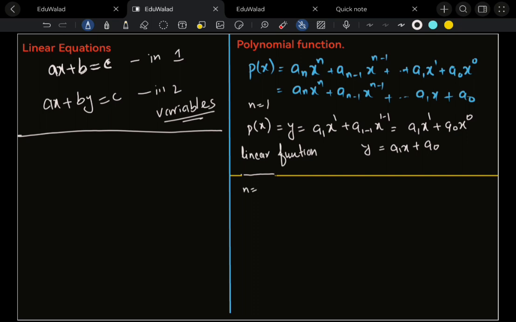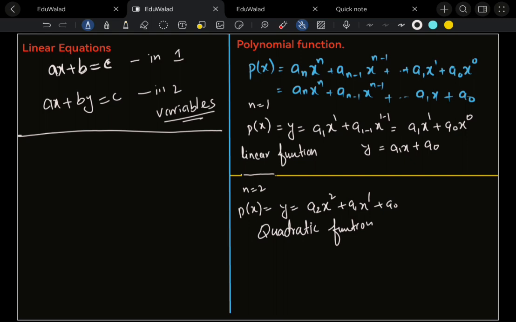If we put n equal to 2, then p of x can be written as y equals a2 x raised to power 2 plus a1 x raised to power 1 plus a naught. So this is a quadratic function. If we put n equal to 3 and 4, we will get cubic and quartic, and n equal to 5, quintic equation.